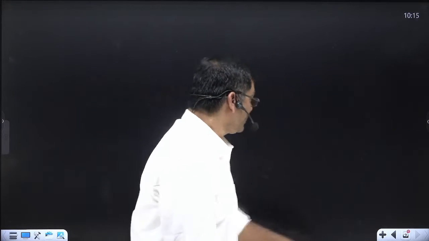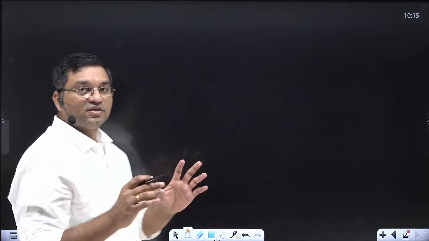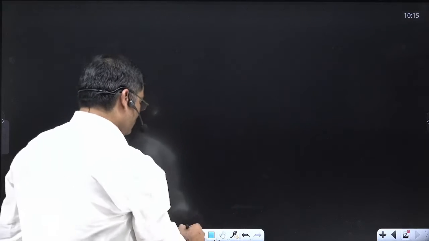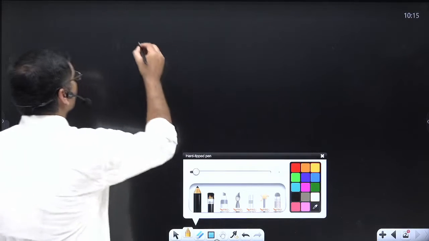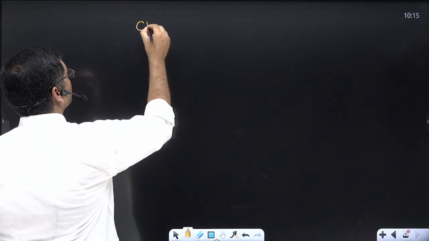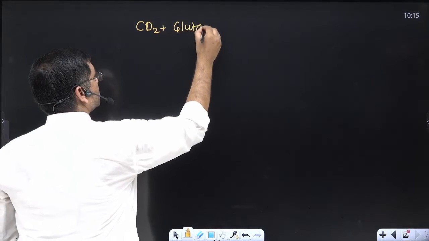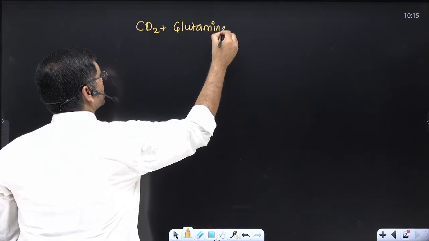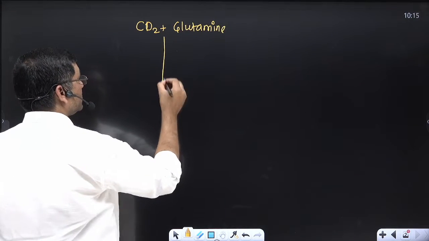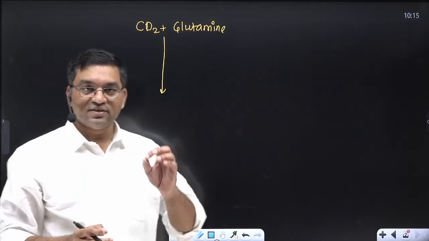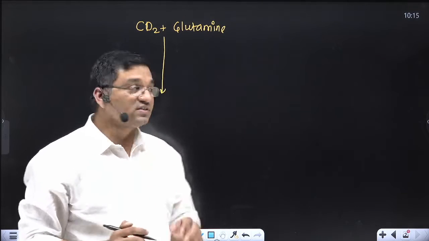Now coming to the second reaction, that is the pyrimidine nucleotide synthesis. It will start from CO2 plus glutamine. The condensation reaction, the synthetase belongs to ligase, requires ATP.